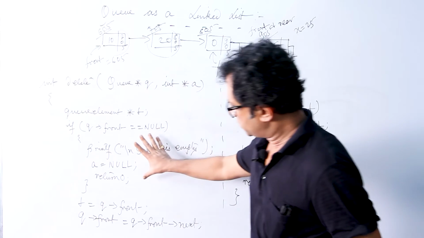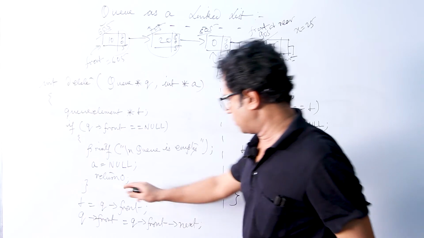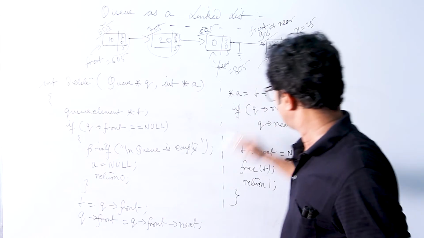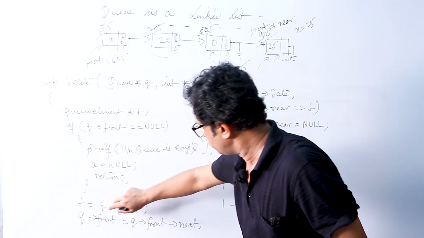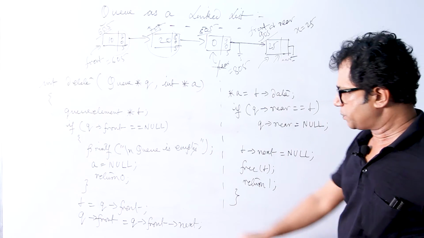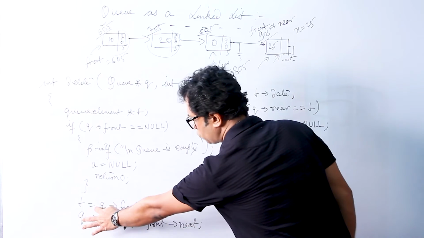So this is the part for the empty condition. For the general case, we come back to the remaining part of the code, and we need to forget this part and get on with this part. This part starts from this line: t is equal to q front.